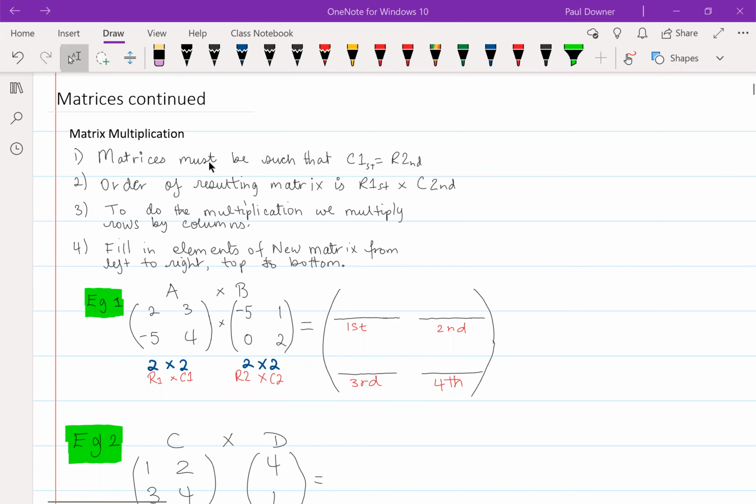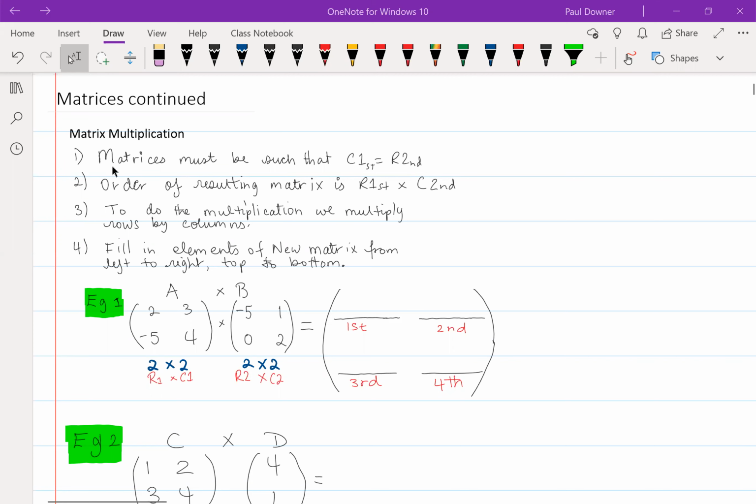The two matrices to be multiplied must be such that the number of columns in the first matrix must be equal to the number of rows in the second matrix, right?